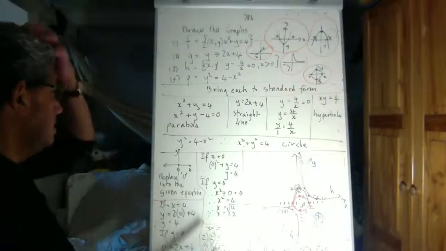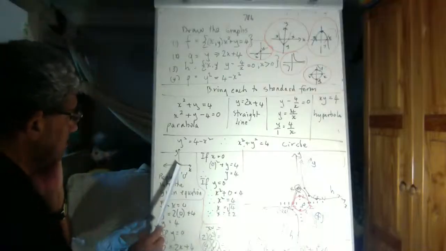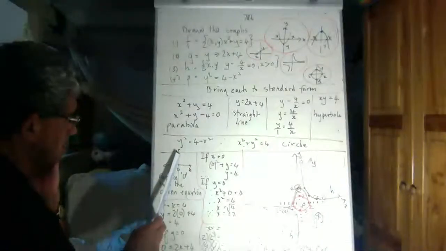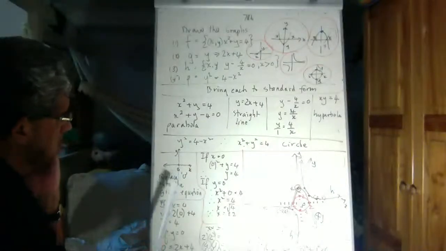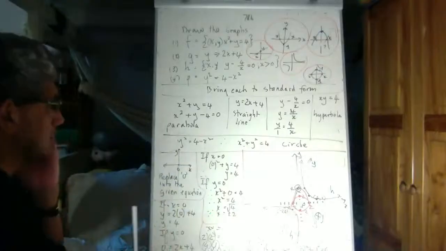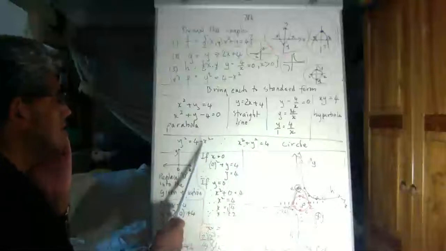So let's go about solving it. Just remember one thing: if the x is not in the equation, then you can get y values. If the y is not there, then you can get x values. That's what we're going to do. We're going to take the formulas and first make each formula into standard form.